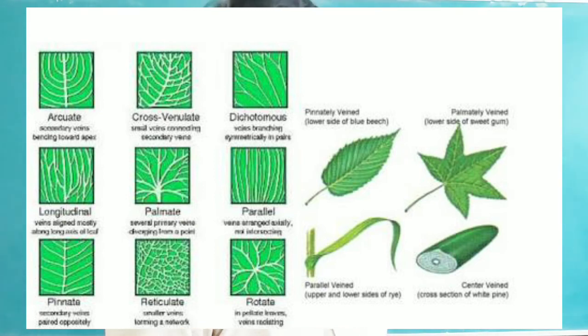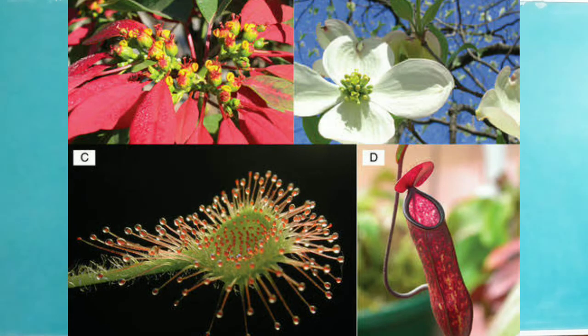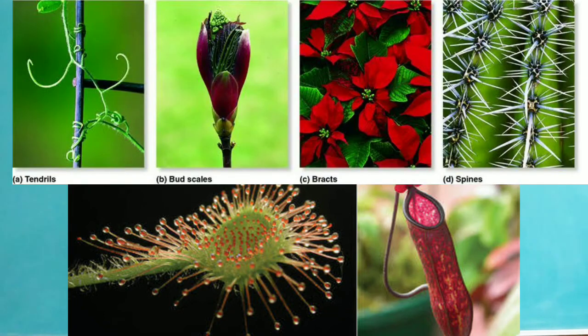And it is of different types like reticulate and parallel, and there can be various types of leaves, and leaves have modified themselves according to the situations and scenarios that we see, like a Venus flytrap or cactus and so many things.